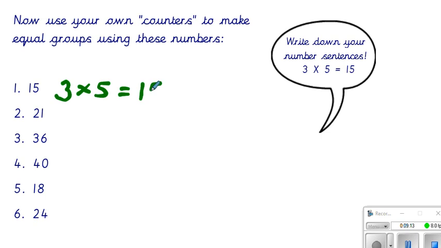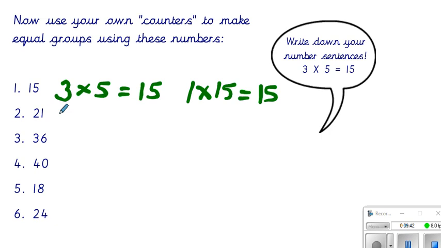And remember, I can also have 1 times 15 equals 15 as well. Now you might want to pause the video again and get yourself a pen ready to mark your answers. I'm not going to try and write them because I'm terrible trying to use this pen with the mouse pad.